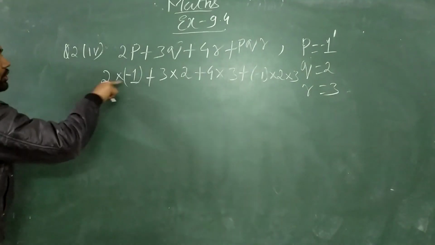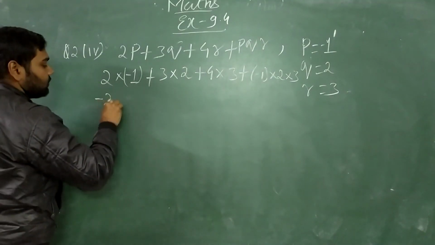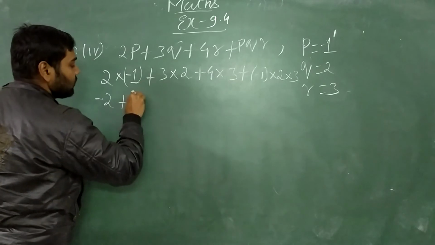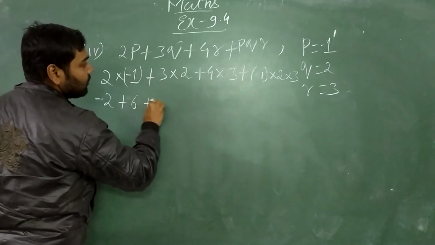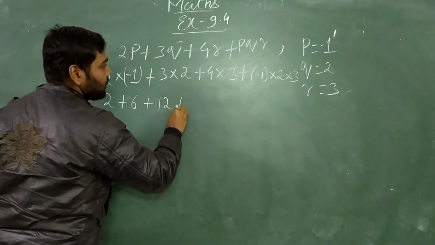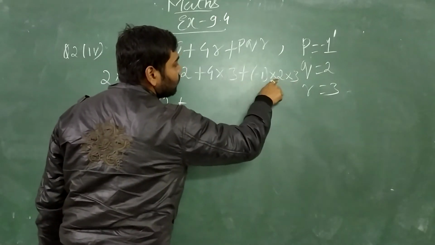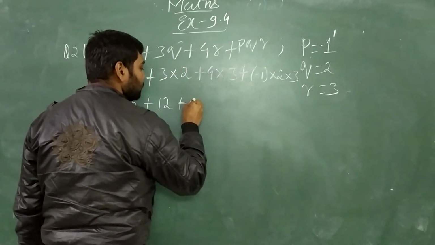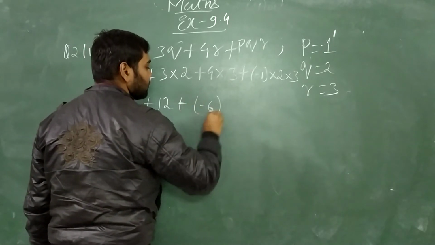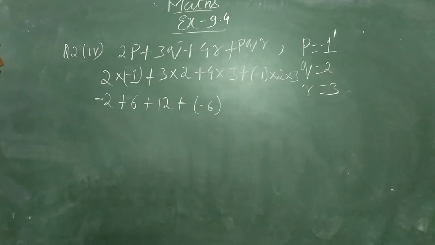Now what we will do? 2 into minus 1, minus 2, plus 3 2s are 6, plus 4 3s are 12, plus minus 1 into 2 into 3, so 3 2s are 6, and into minus 1 will give minus 6, okay.